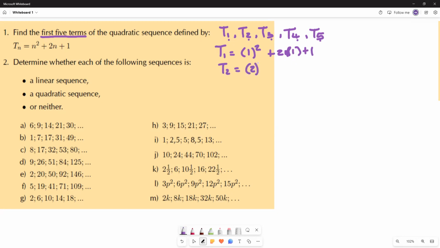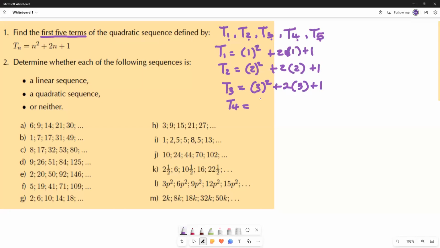It's going to be 2 squared plus 2(2) plus 1. Then you do T3. It's 3 squared plus 2(3), then plus 1.